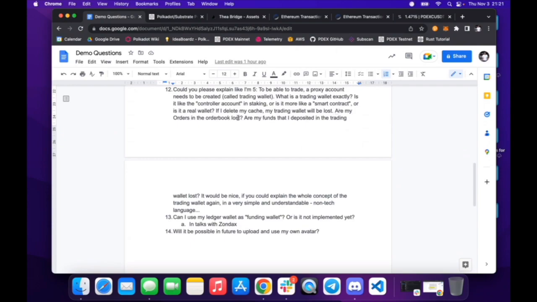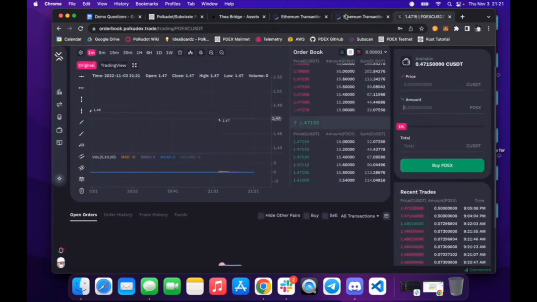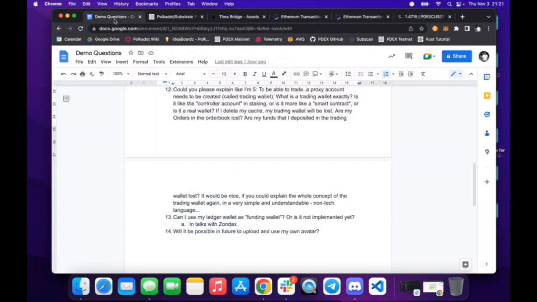Are my orders in the order book lost? Okay, that's a good question. There are two parts to it. If your order is already matched, there's no way you can lose that order. But if your order is not matched and it is still showing up as an open order, then again, there are two scenarios.